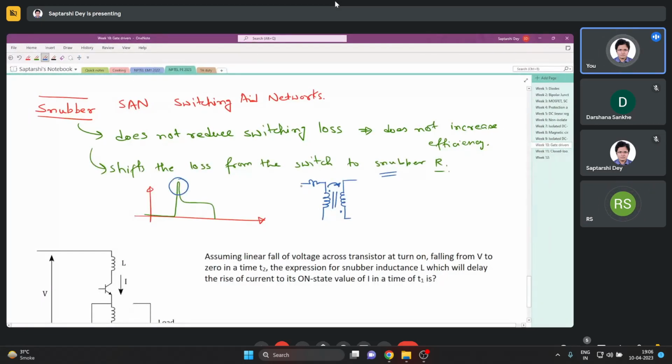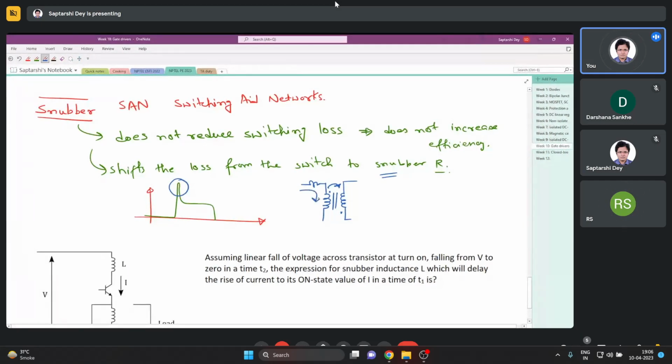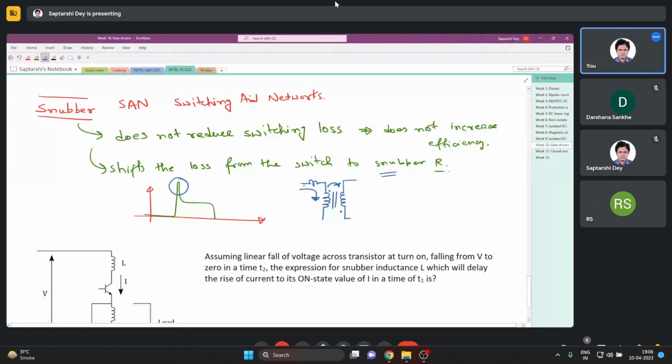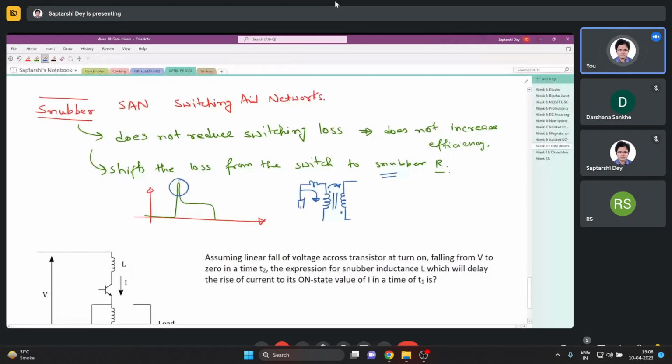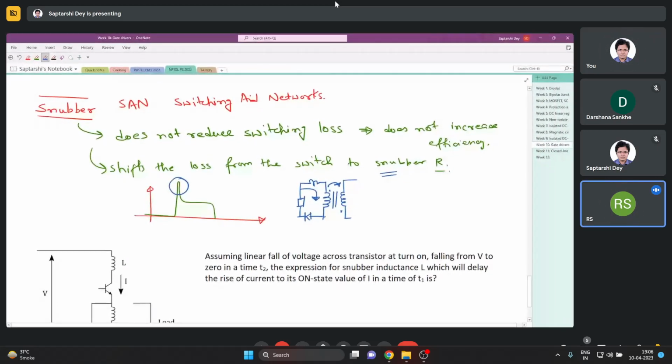The energy stored in the leakage inductance is not going to the secondary, but you are interrupting the current flowing through it. So this energy must be dissipated somewhere. That is where you need this. Yes, RCD.